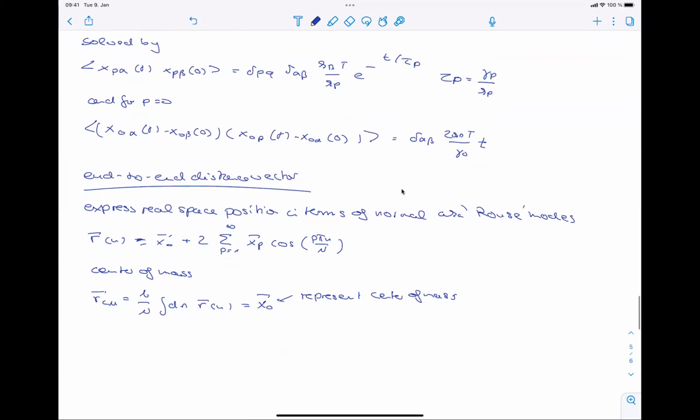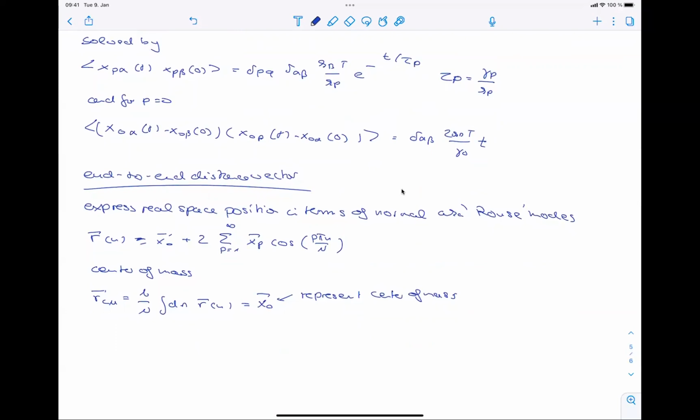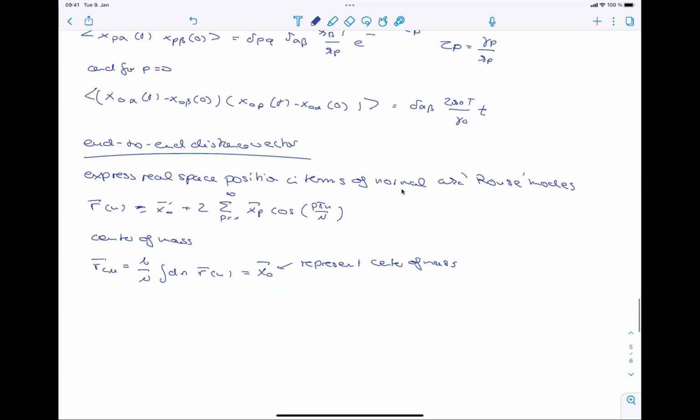And that's why we wrote this down explicitly for the case p equals 0, because that's exactly what drives the dynamics of the center of mass, where we expect to recover the diffusion that we found directly.